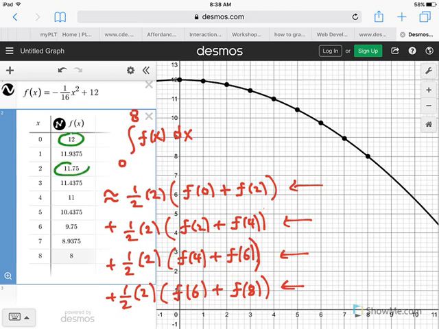F of 2 is 11.75, f of 4 is 11, f of 6 is 9.75, and f of 8 is 8. And we can make substitutions for those quantities from the output values of our function f. And once we do that, we can just do the arithmetic that's needed and complete our approximation for the value of this definite integral using 4 trapezoids of equal heights.